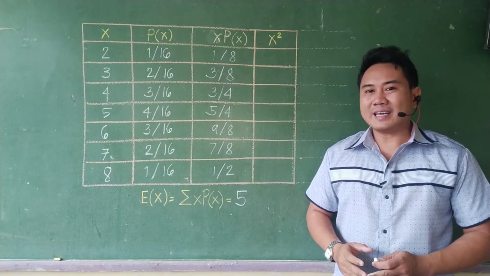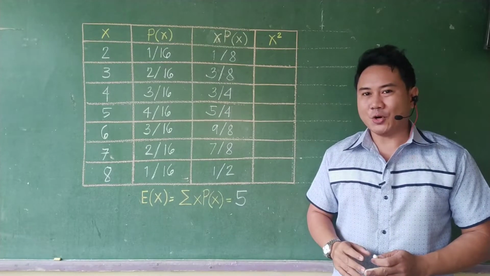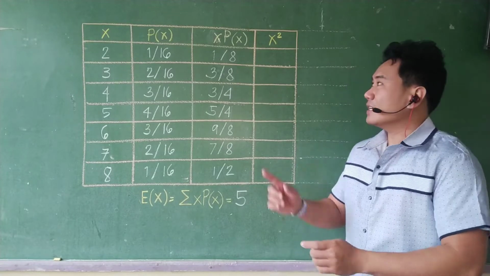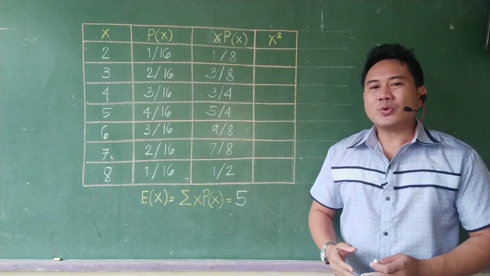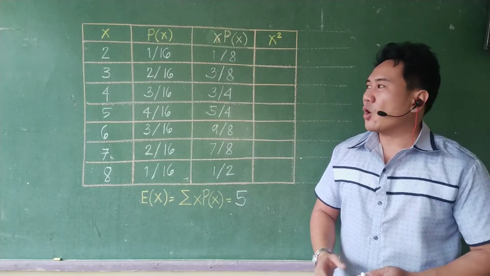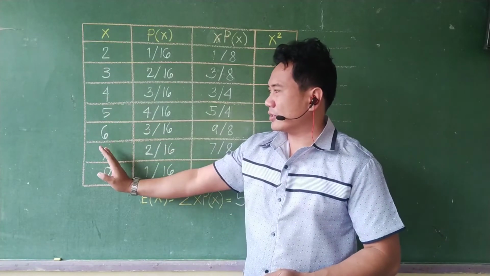And now I added one more column to our table, and I label it x squared. What we're going to do here is get the square of our x values.